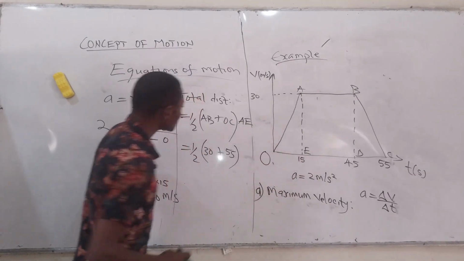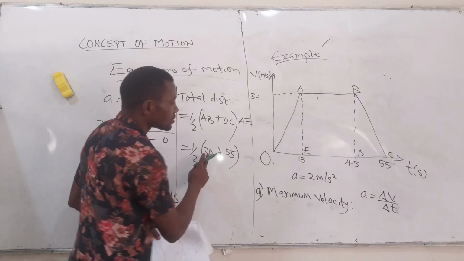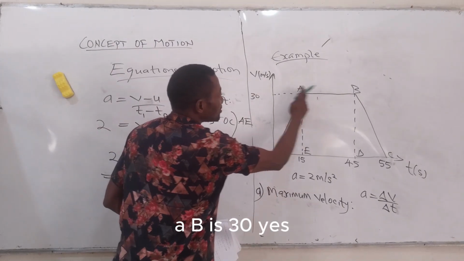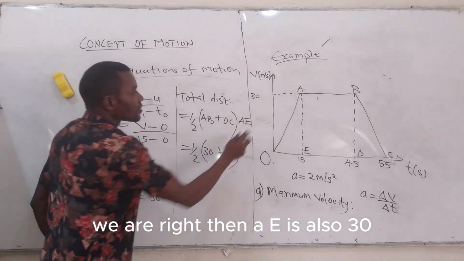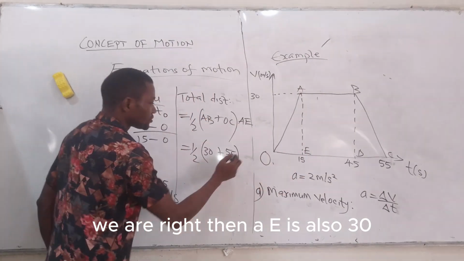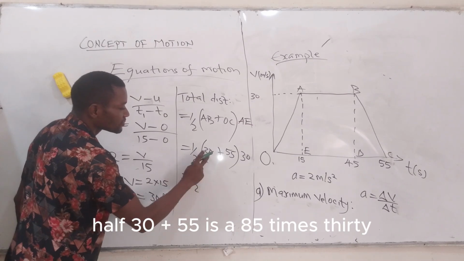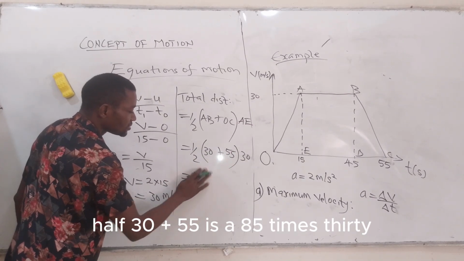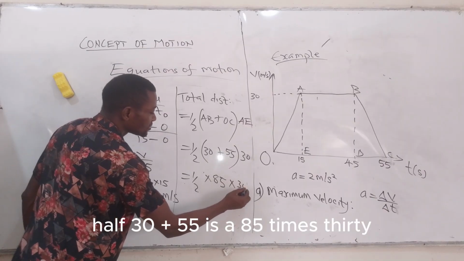AE is what? Okay. AB is 30. Yes, we are right. Then AE is also 30. Okay, let's simplify and see. Half of 30 plus 55 is 85 times 30.